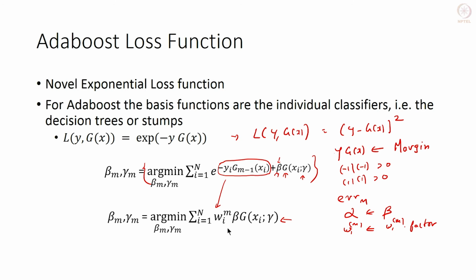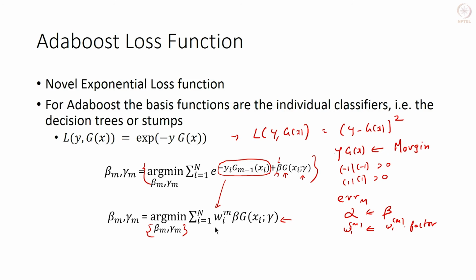All you have to do is optimize for gamma. In this case we are optimizing for beta m and gamma m, where gamma m are the parameters of your decision tree. You figure out the best decision tree by minimizing the misclassification rate, and once you fix that, we can optimize for beta, which can be done by taking the derivative of this loss function with respect to beta, setting it to 0, and plugging in the optimal decision tree.